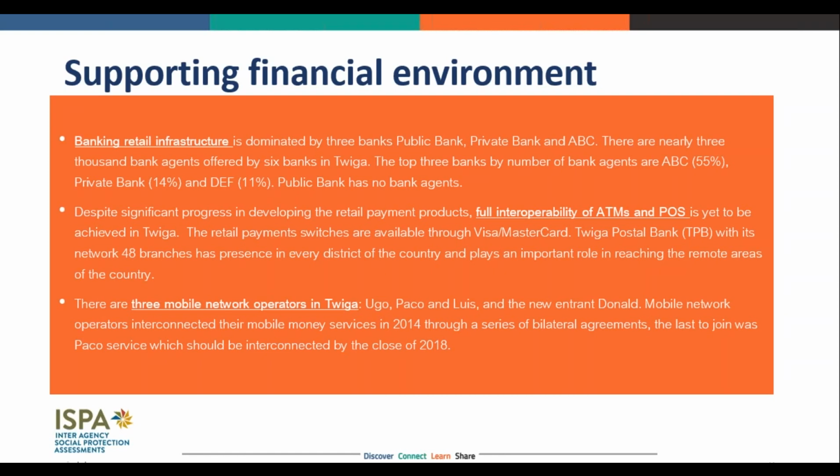With regard to retail payments, they don't yet have full interoperability for ATMs and point of sale. Interoperability is available through the International Card Association's Visa and MasterCard, but obviously this is very expensive, so interoperability is really only available to high-income users.